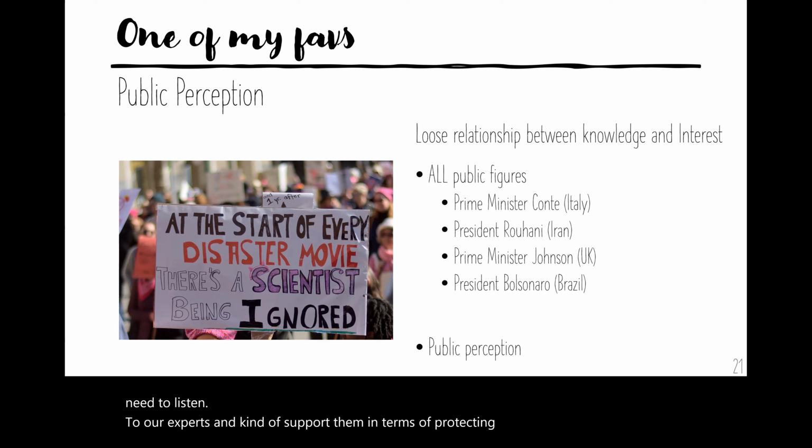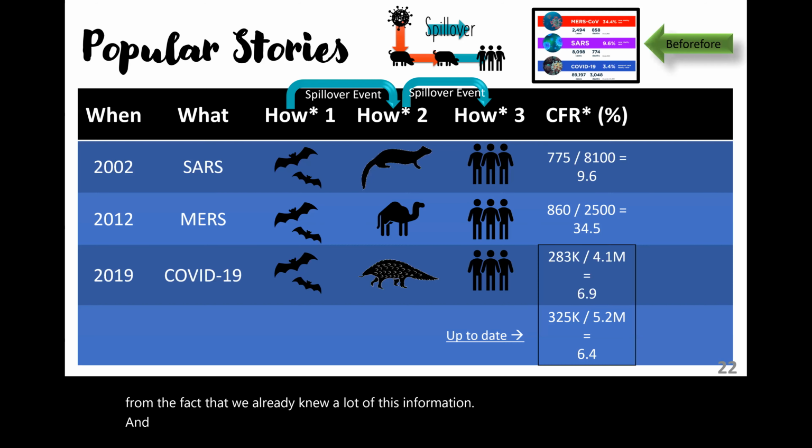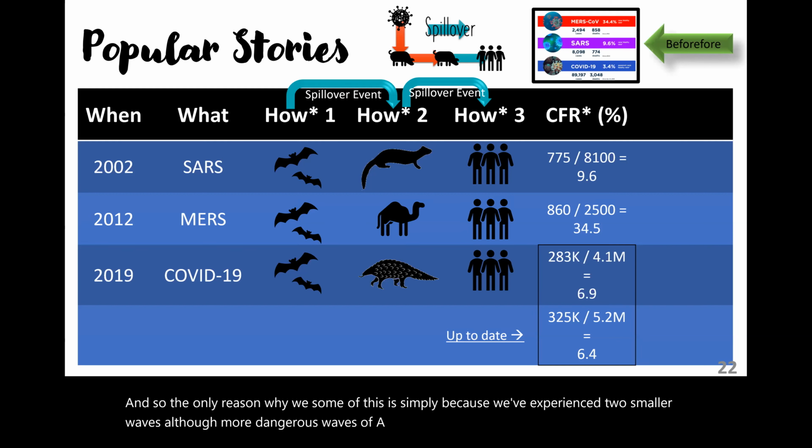Now, part of that comes from the fact that we already knew a lot of this information. The only reason why we know some of this is simply because we've experienced 2 smaller, although more dangerous, waves of similar but related types of virus infections and epidemics.